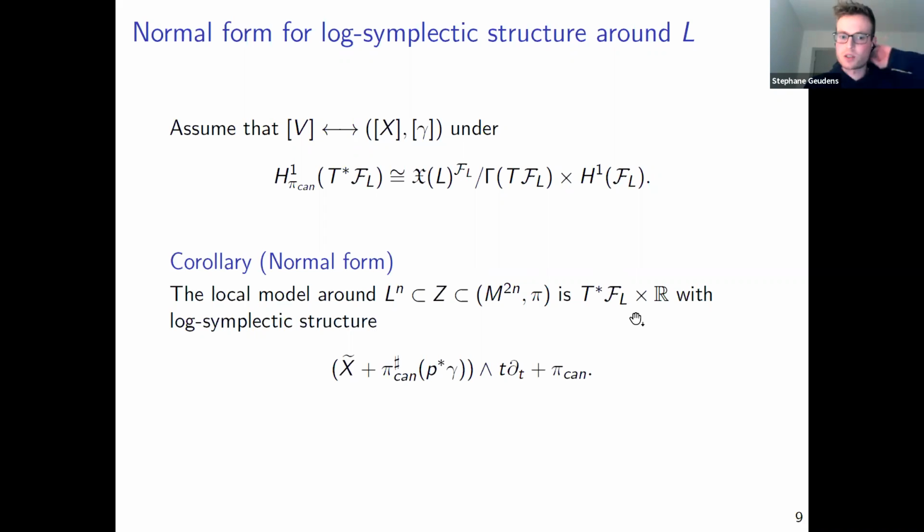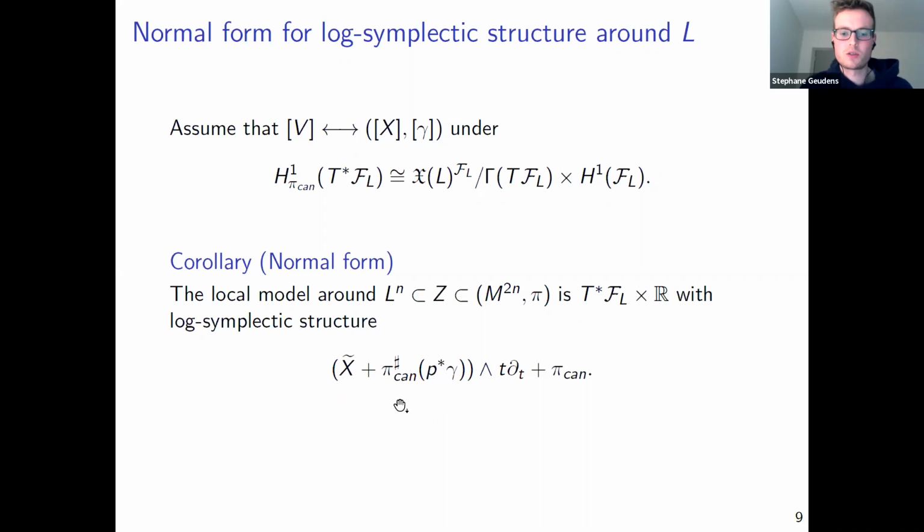And this gives the following normal form. So the log-symplectic structure around the Lagrangian L is T star FL times R with this log-symplectic structure. So the canonical one on T star FL, the other vector field, and here, as I said, a representative of the class of V under this isomorphism.